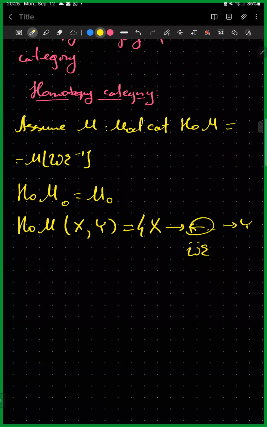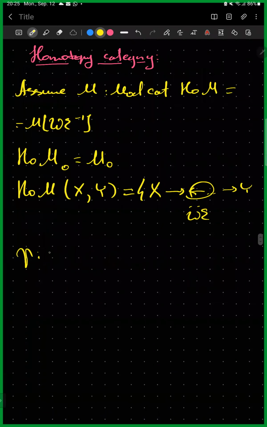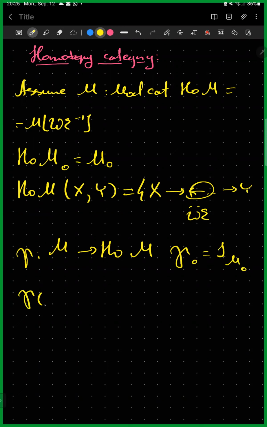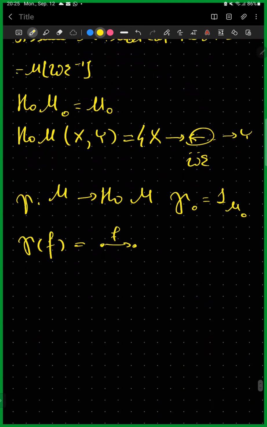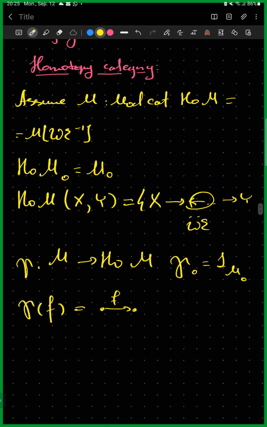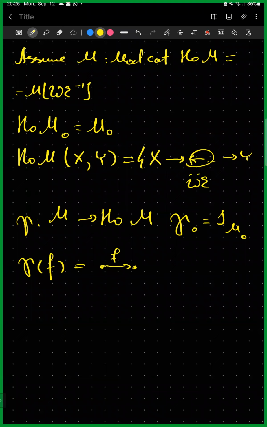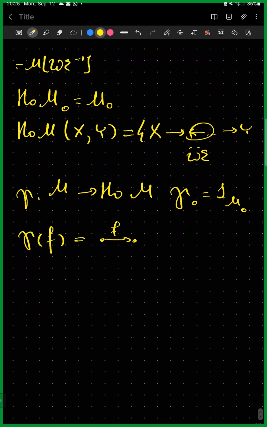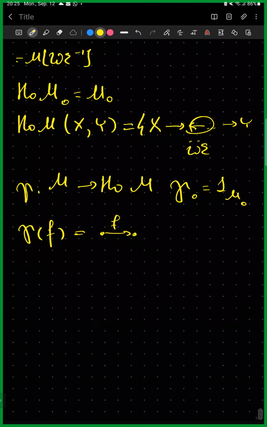And we have a functor, the localization functor, which is identity on the objects, and which sends a morphism to a zigzag which consists just of this morphism. So this is just a basic construction of localization of basically any category. For example, it makes sense for homotopical categories or for model categories.